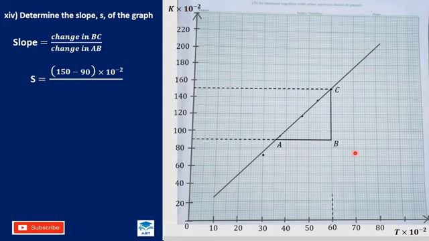And for change in AB, we have 60 minus, this falls on, I think, 36. Remember, times 10 exponent -2.